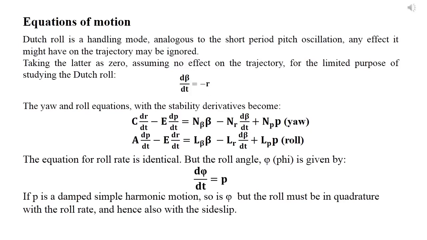The equation for roll rate is identical. But the roll angle, phi, is given by dφ/dt equals p. If p is a damped simple harmonic motion, so is phi, but the roll must be in quadrature with the roll rate, and hence with the sideslip.